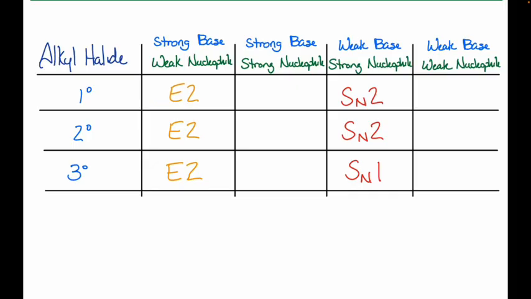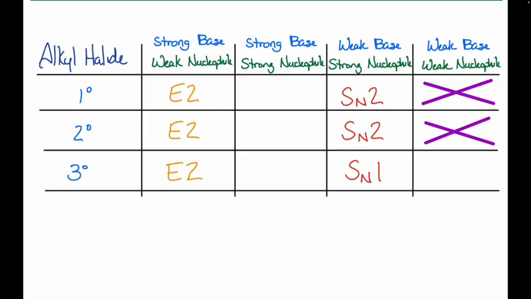All right, so now we have our harder to figure out categories here, our weak and our strong. Let's look at our weak category first. These weak nucleophiles, weak bases, are just simply not strong enough to react with primary or secondary alkyl halides.